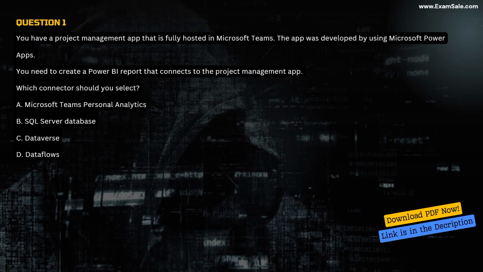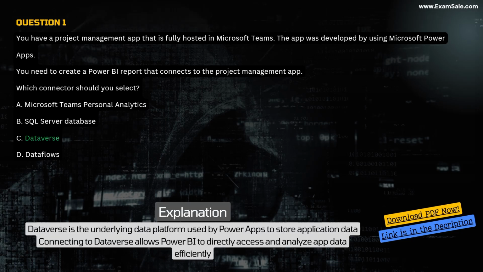C. Dataverse. D. Data Flows. Correct answer C. Dataverse. Explanation. Dataverse is the underlying data platform used by Power Apps to store application data. Connecting to Dataverse allows Power BI to directly access and analyze app data efficiently.